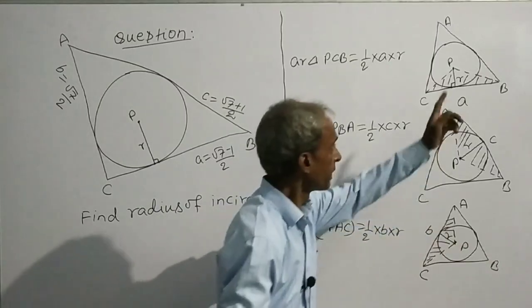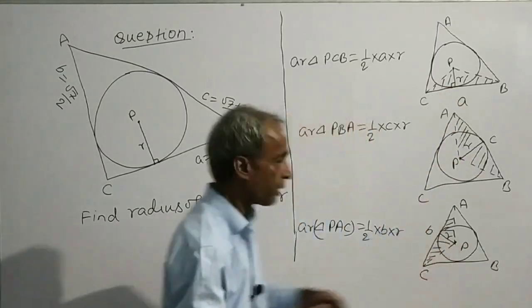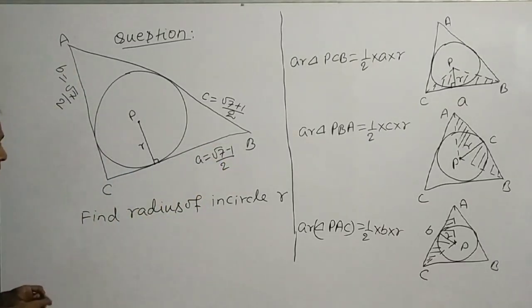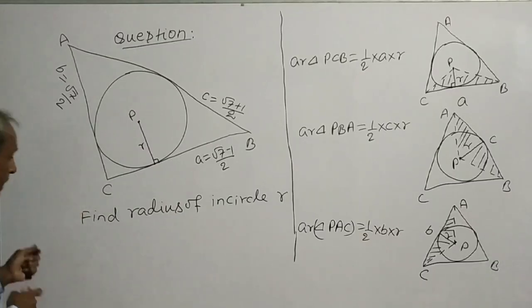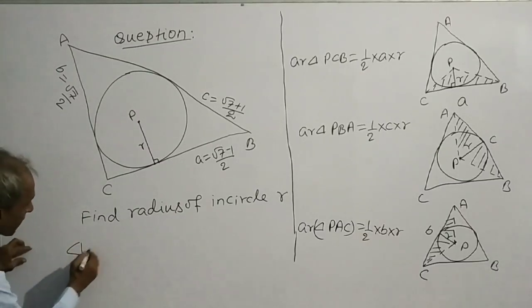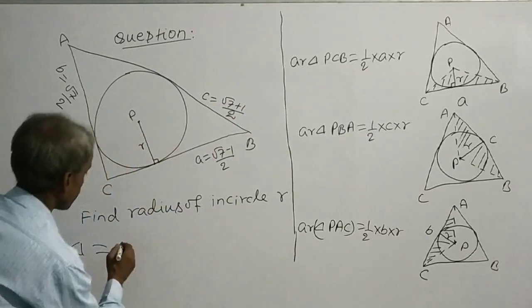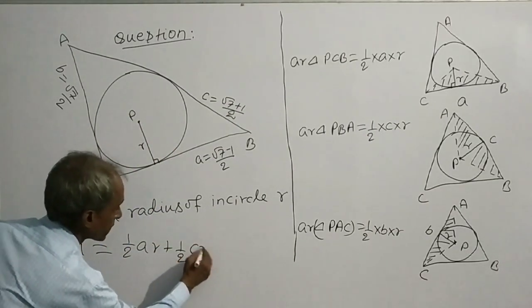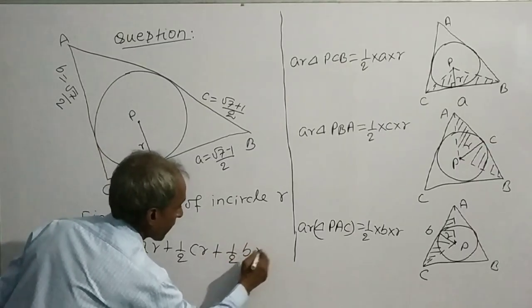When we add this area, this area and this area, we get the area of triangle ABC. If we denote the area of triangle ABC by delta, then delta is equal to 1 by 2 ar plus 1 by 2 cr plus 1 by 2 br.